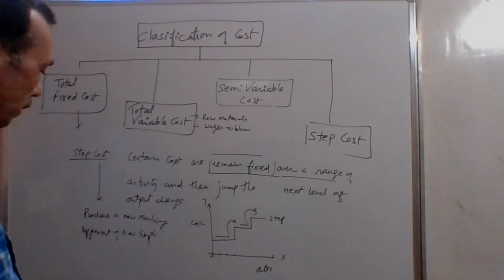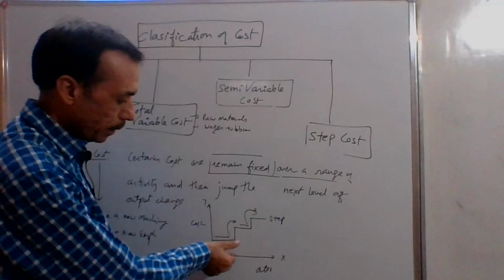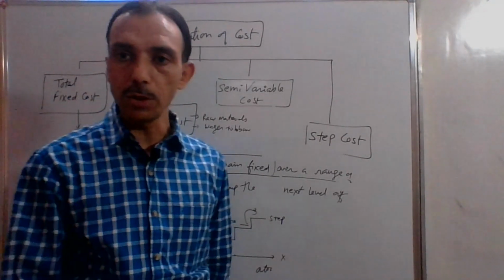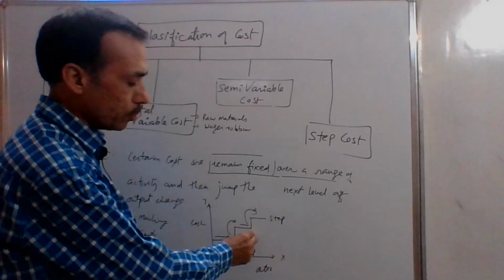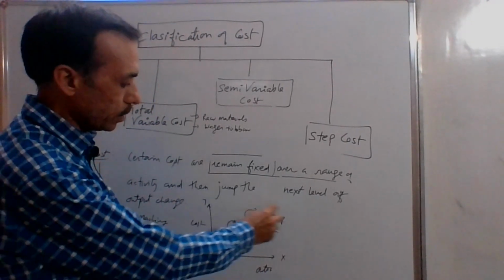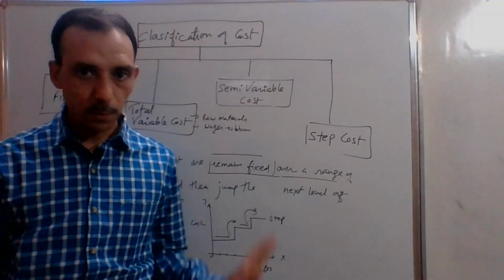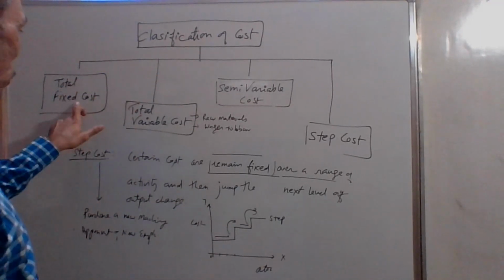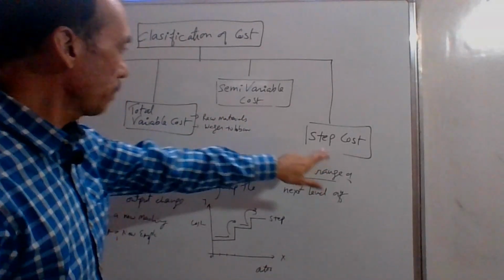See, the machinery is able to produce a certain level of output and the cost remains fixed, and as the output level increases, we require another machinery and then the cost jumps. The next machinery is able to produce another certain level of output and again this goes on. This way the costs are step costs. Hence the classification of costs: total fixed cost, total variable cost, semi-variable cost, and step cost.